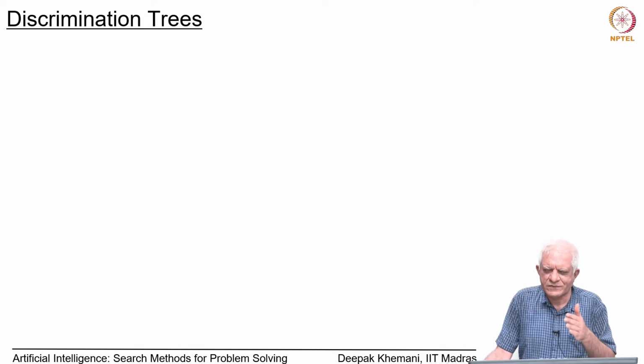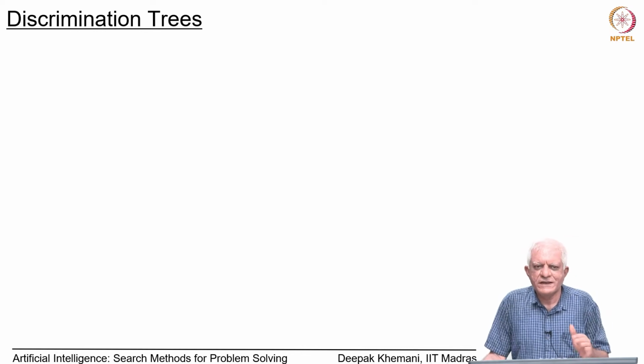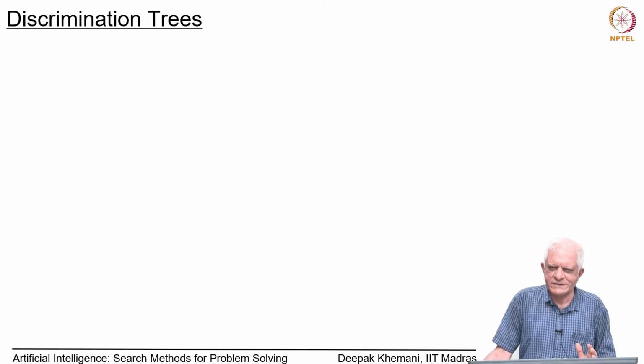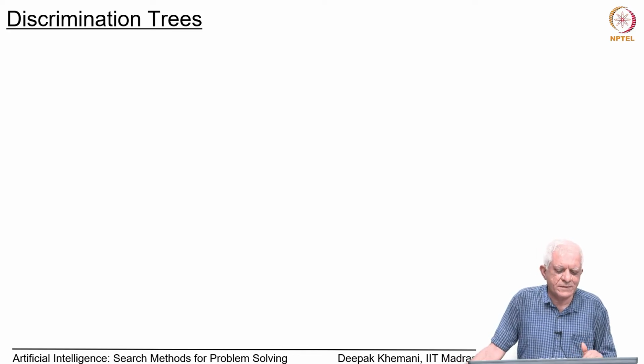So, this process of the working memory or data looking for a matching rule is what we are going to try and do here, and we will use this very common idea used in many areas of computer science, which is called discrimination trees.